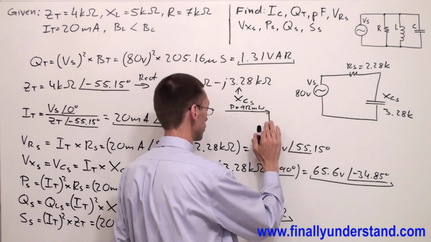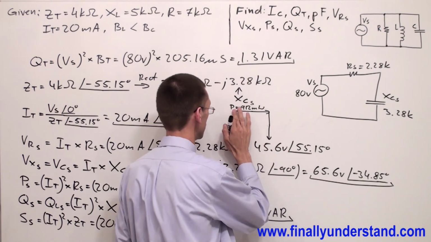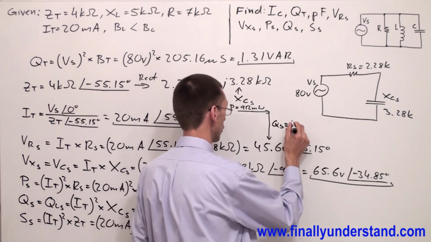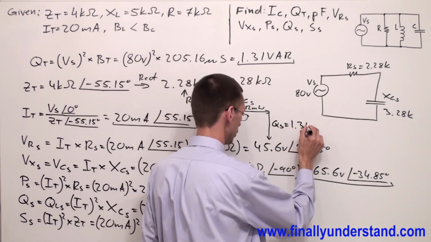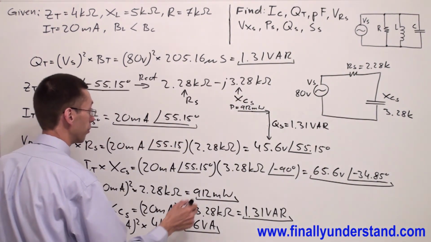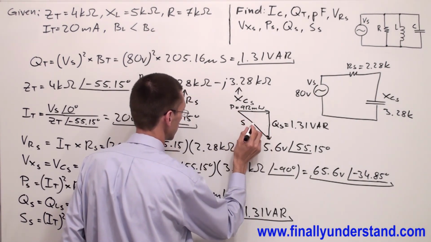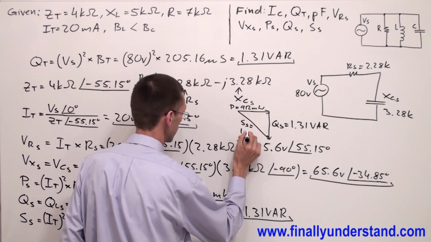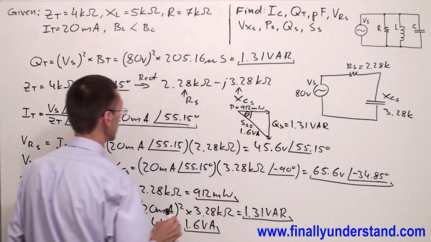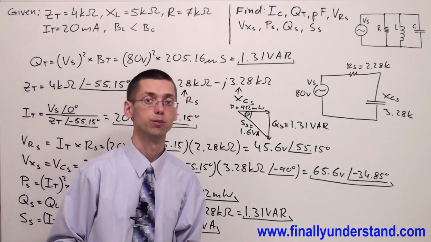I'm supposed to make this a little bit longer, approximately. This one has to be shorter. So I have QS equals 1.31 volt ampere reactive, and my apparent power S is equal to 1.6 volt amp, and this is my angle theta which I have next to Z total. So I don't know if you realize, but we solved the problem.